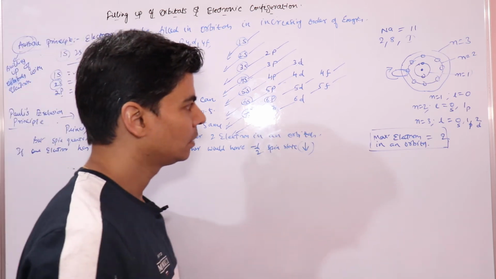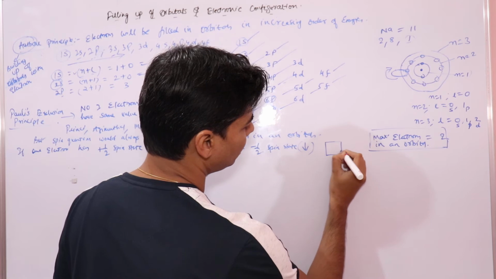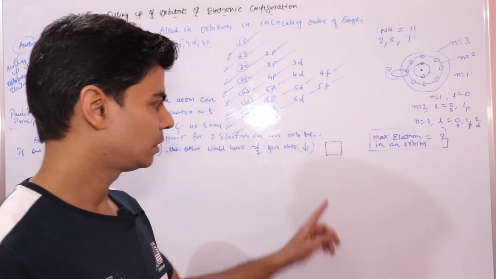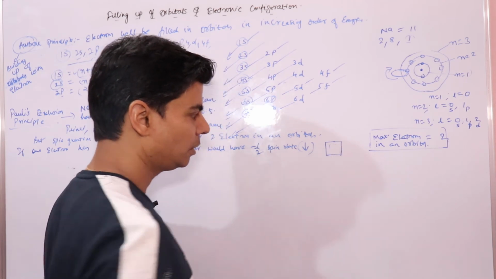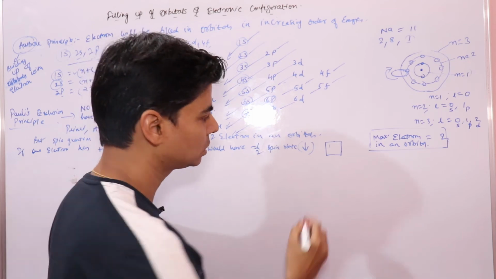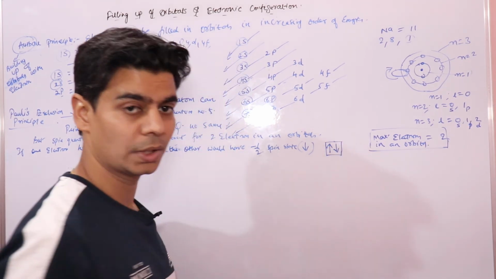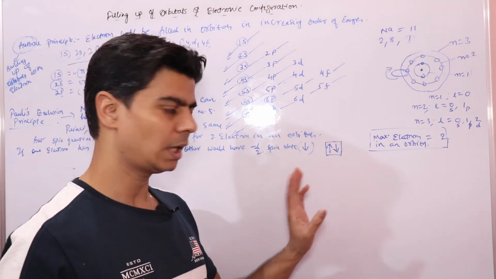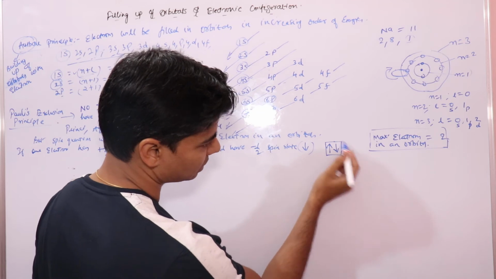So that is why in future, when we write electronic configuration in these kind of boxes, if this box represents an orbital, and if it has two electrons, we will represent the two electrons using up arrow and down arrow. It will never be that both the arrows are up or both the arrows are down. That would not be right. So this is the right configuration.